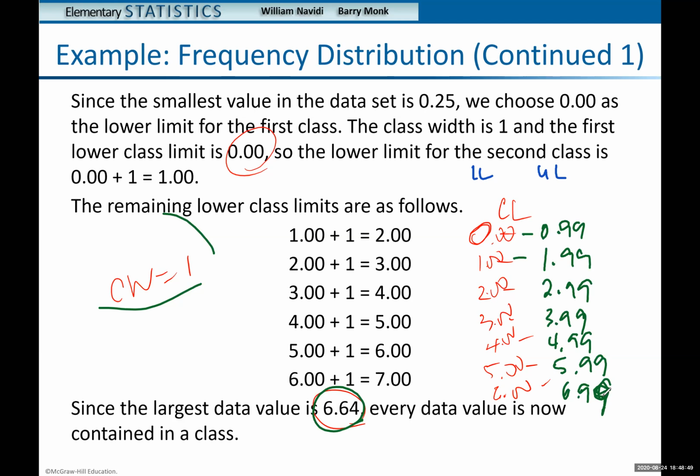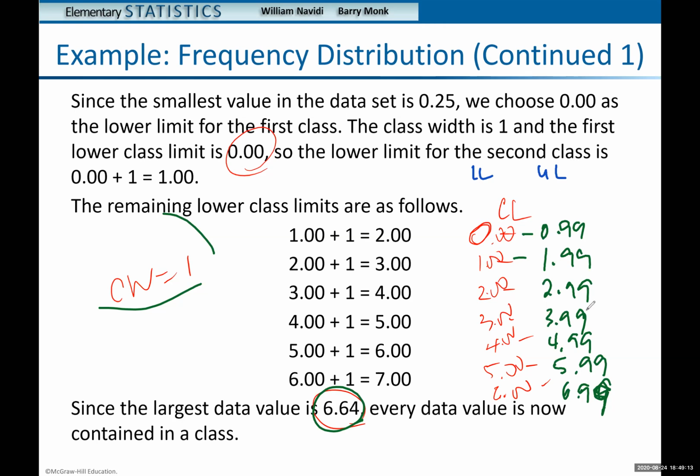What if I ask you, let's say, what is the upper limit of the 4th class? What is the answer? 3.99. Very good. So 1, 2, 3, 4, and that is the upper limit.